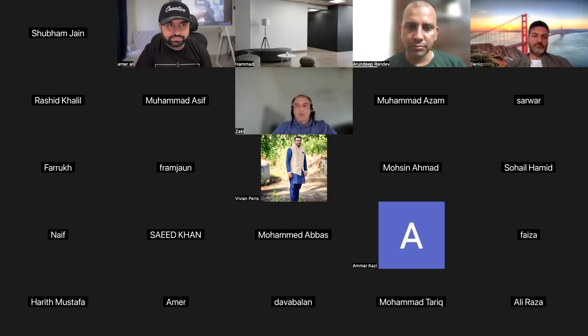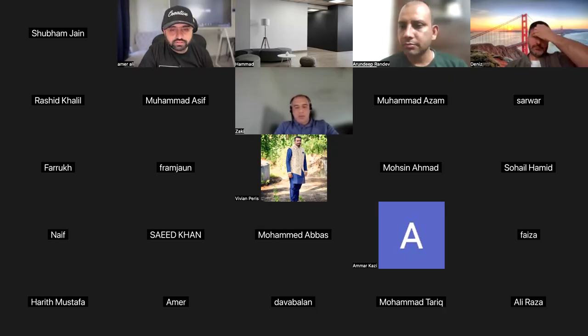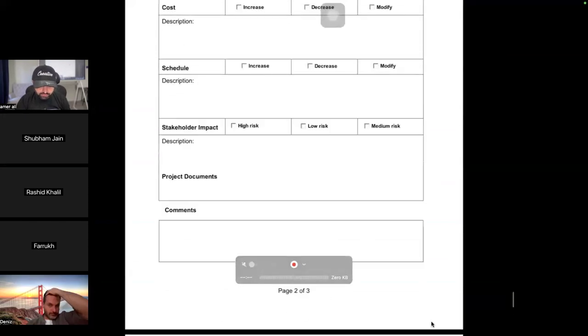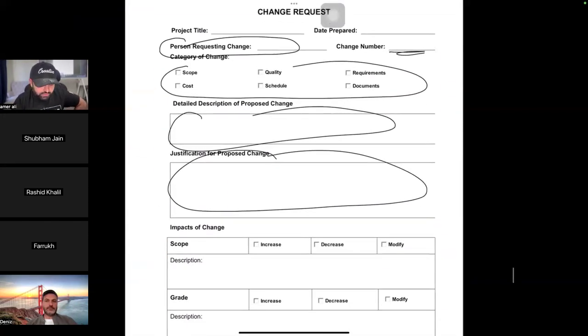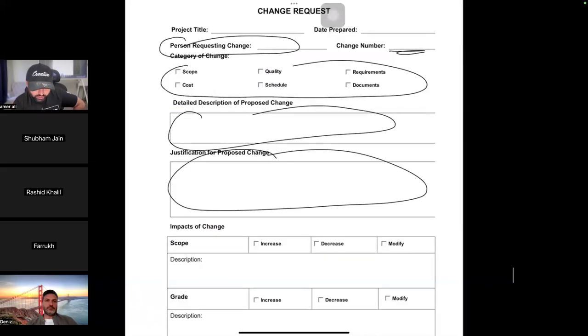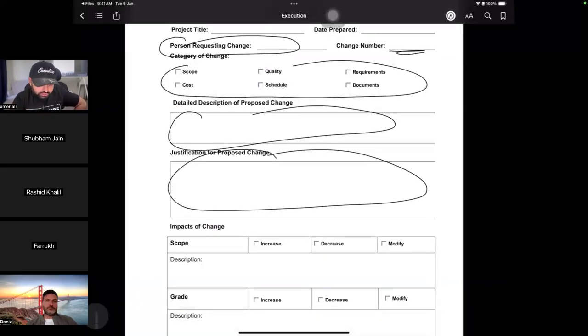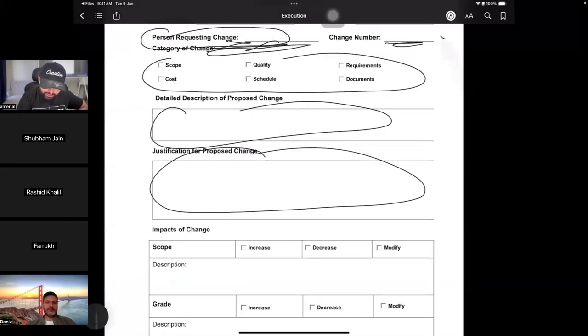Okay. But in the document you are showing, it says that once we fill all the documents, we raise it and send it to the change control board for signature and approval. Look here. The person who raised the change request is still here. This change request has been raised.